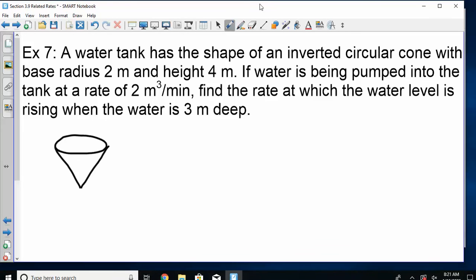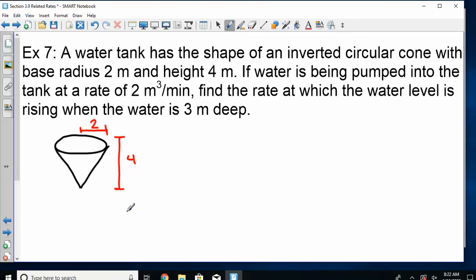Yeah, the circle up at the top. That has a radius of 2. Now, is that constant throughout the cone? No, because as you go down, the radius is going to narrow. And the height of 4. So the total cone has a height of 4.